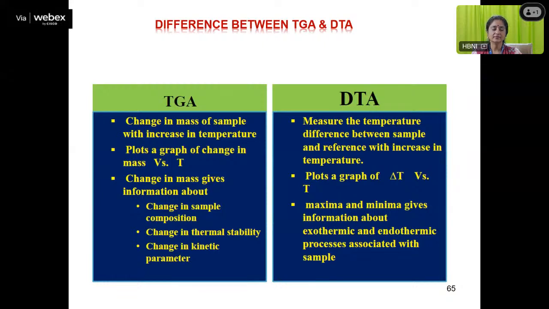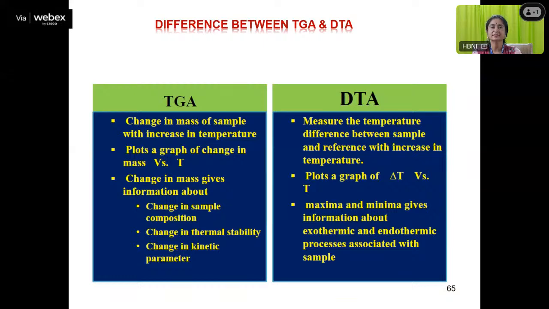Now if you compare TG and DTA: first TGA and then DTA. In TGA, we measure the change in mass of the sample, whereas in DTA we measure the temperature difference between the sample and reference. In TGA we plot change in mass versus temperature, whereas here we plot delta T versus temperature.